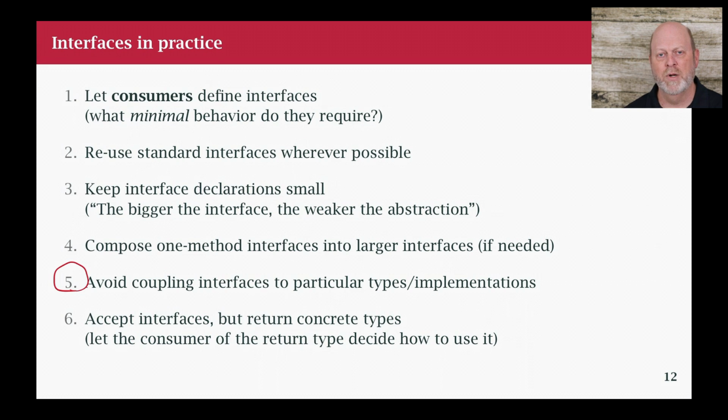Okay, this last one I'm going to drill down to in a sec, right? Accept interfaces, but return concrete types, with a couple exceptions. And this is again about consumers. If you're returning a value from your function, then I am the caller and I call you, I consume what you return. I should have the maximum freedom to decide how to consume it.